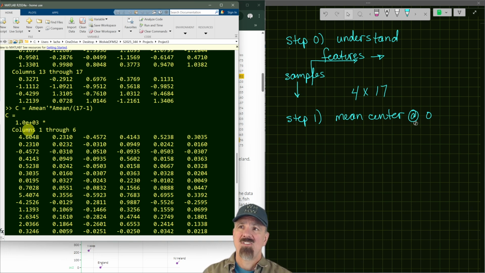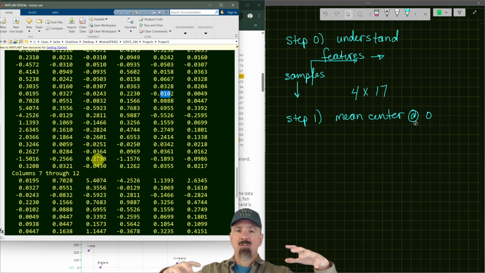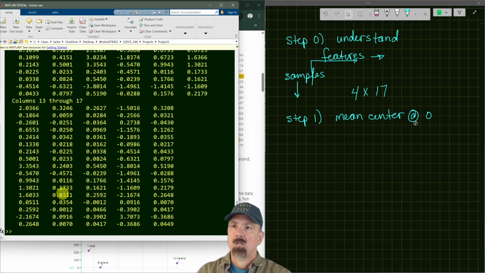And all these values are multiplied by 1,000. So we have some larger covariances. This is 523. And then we have some small covariances, right? This is 10, a negative 10. So all of the covariances provide us with the path to understanding the principal components.